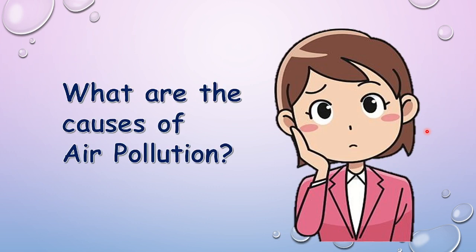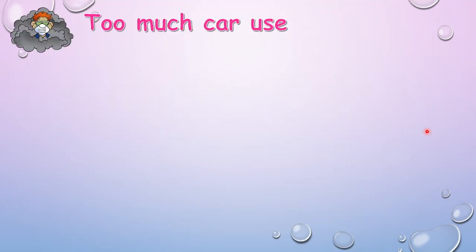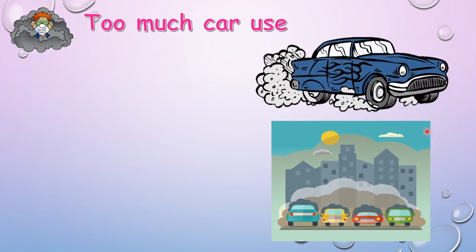Now, what are the causes of air pollution? When you say causes, what do we do that makes the air polluted? First is too much car use. Remember, our cars use gasoline.